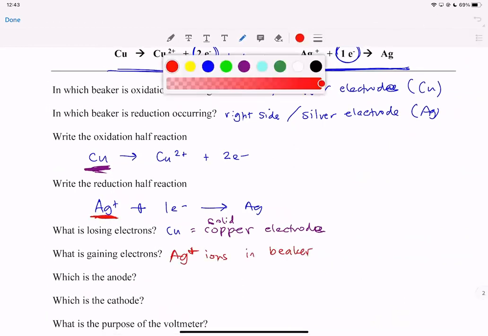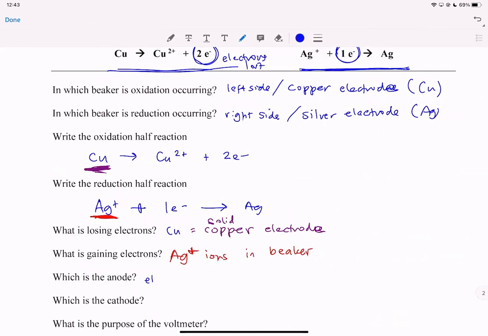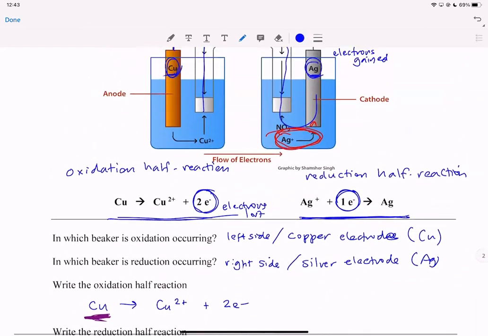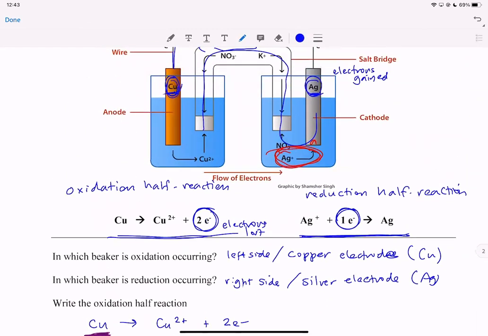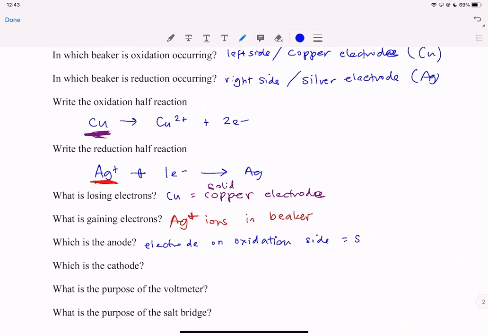Okay, so the anode versus cathode. The anode is the electrode that is on the oxidation side. So what's the electrode on the oxidation side? That's the solid copper, the solid Cu, or the copper electrode.